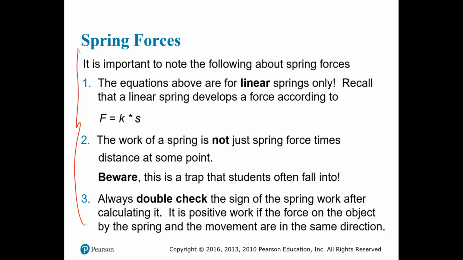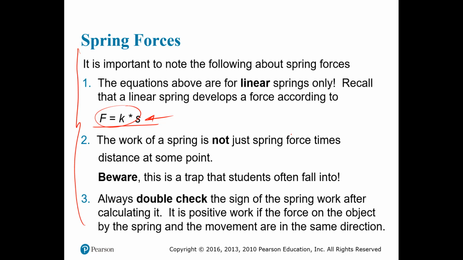The work of a spring is not just spring force times distance, okay? People fall into this trap very often. They forget about the second displacement because they get confused between the force of the spring and the work done due to this force, okay? You use this force, you plug it into the work done by the spring, and that's how you get the square.